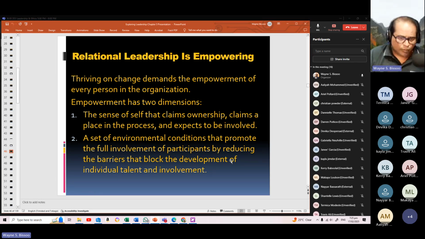Remember, we talked about power and influence. In this system we're talking about, leaders need to share their power. They need to give up their power. They need to empower others to be able to become better leaders and better participants in the organization, and more importantly, prepare these individuals to continue the organization's journey through the future.